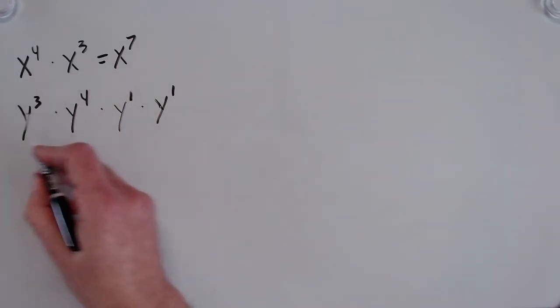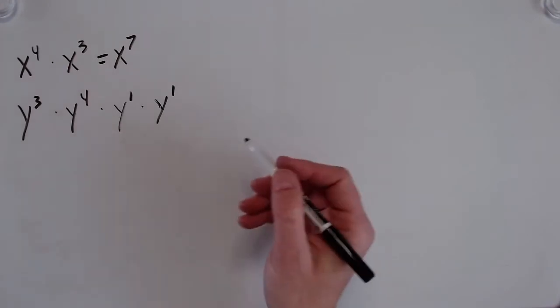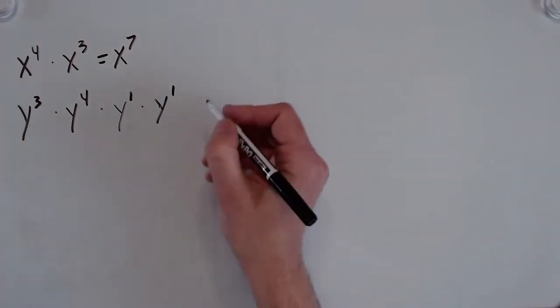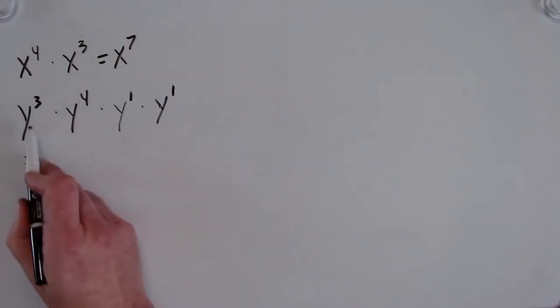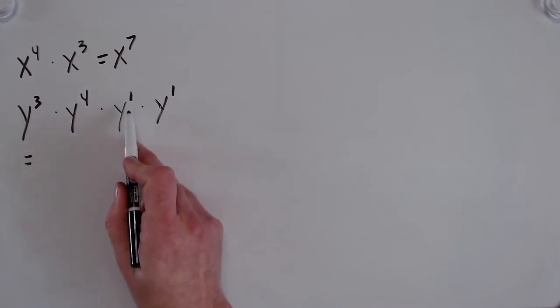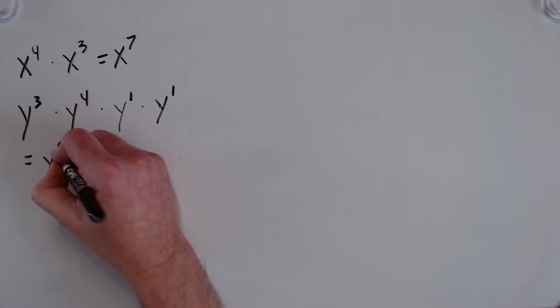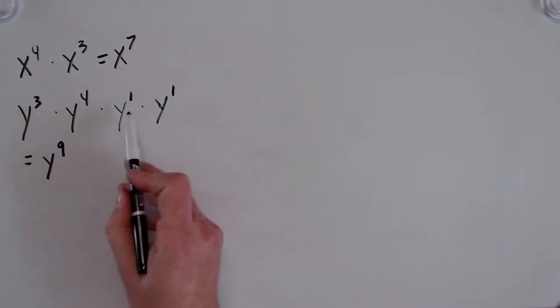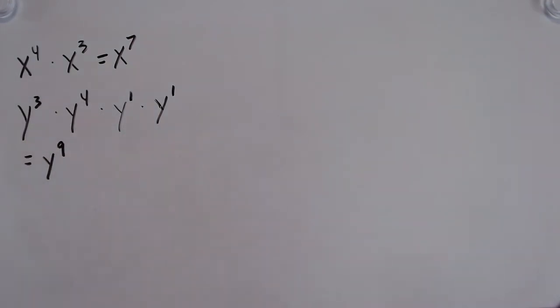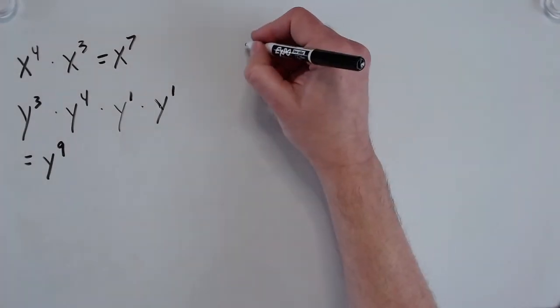That way we can add all the exponents and end up with the right answer. Make sure we don't miss these guys over here. So equals 3 plus 4 plus 1 plus 1, y to the 9th power. 3 plus 4 plus 1 plus 1. Yep, that's 9.